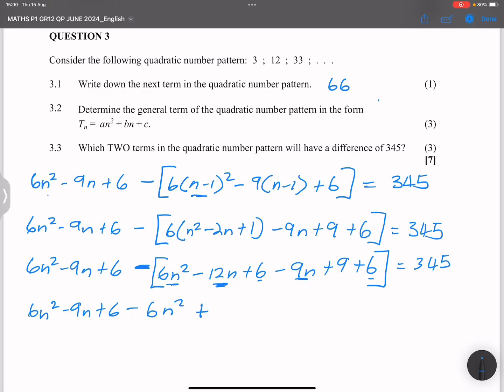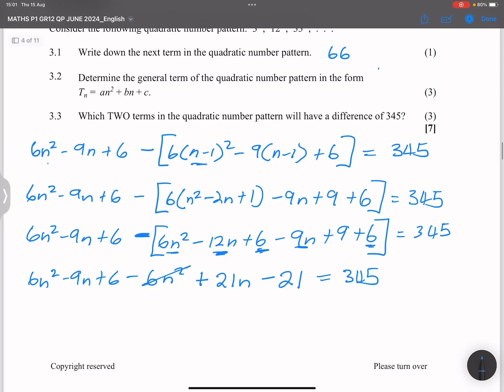So this will be plus 21n, okay, and we've got 6 and 6 there, which is 12 plus 9. That will also give us 21. So that will be plus 21. Okay. In fact, that becomes minus 21. So very crucial that you do that as slowly as possible so that you can get to the right answer.